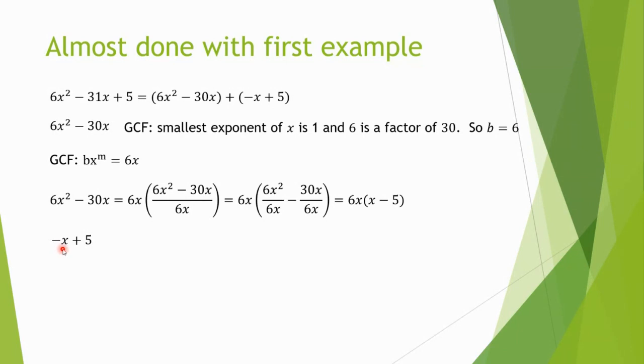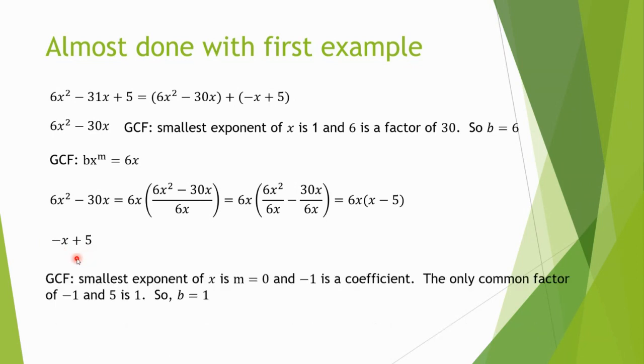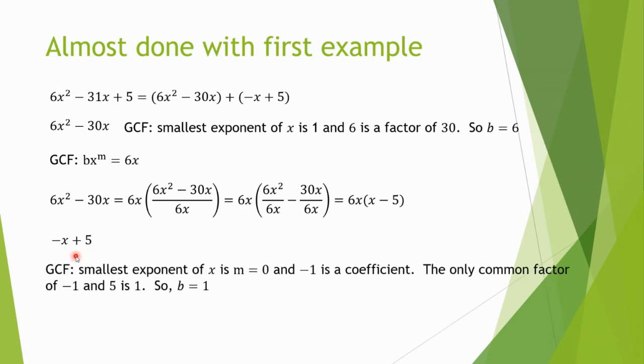So the only common factor among the coefficient and the constant term is just 1 itself. So B has to be 1. In other words, from here, we get a GCF of just 1.